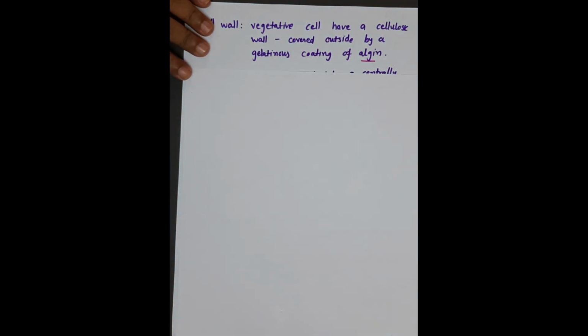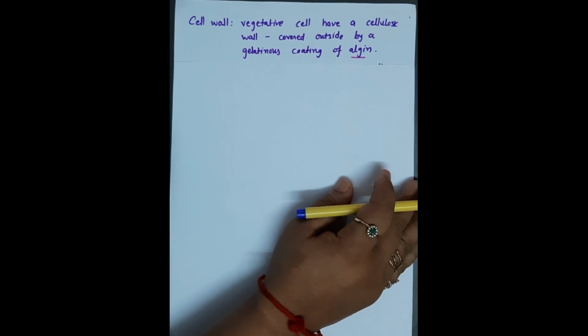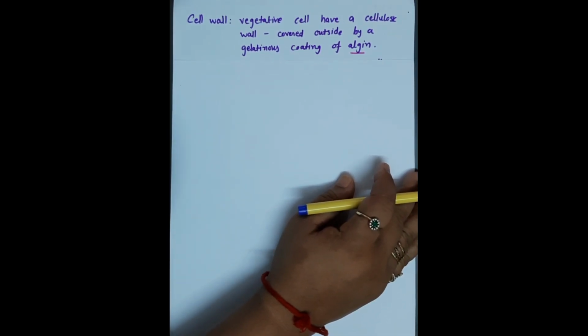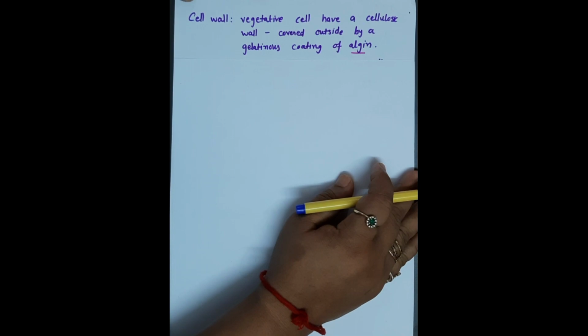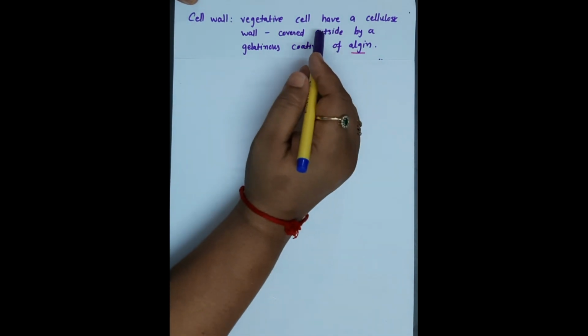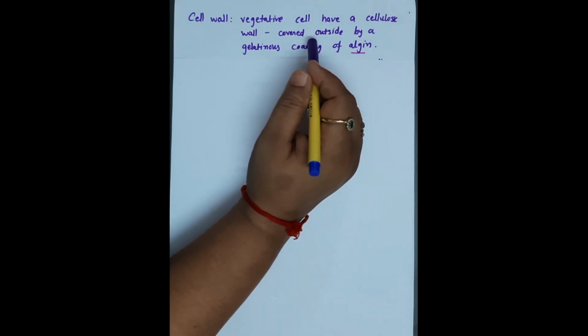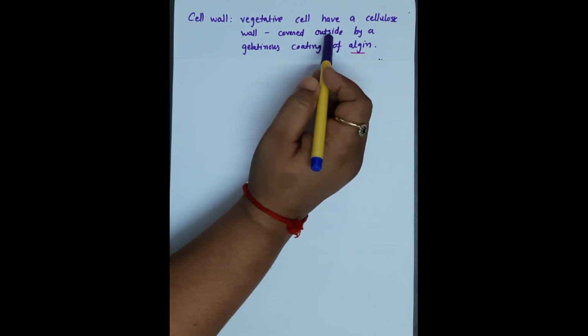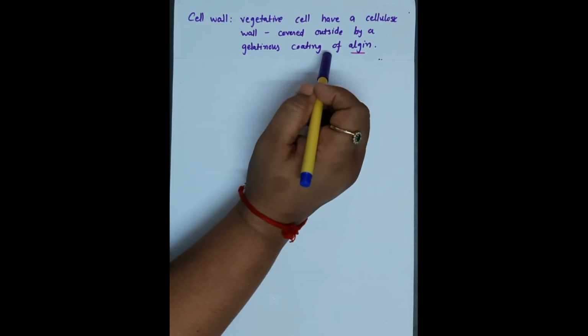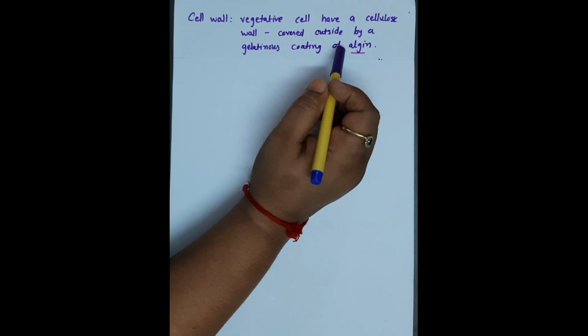Next, let's talk about the cell wall. The cell wall has cellulose. Actually it is a plant, so its cell wall is made up of cellulose and covered outside by a gelatinous coating of algin.